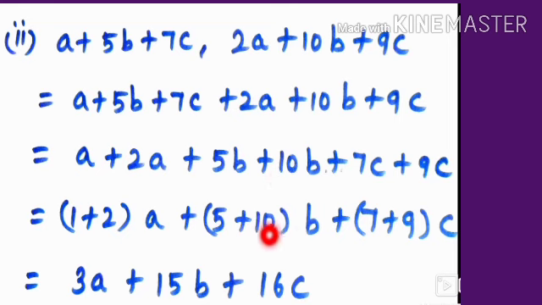That is 5 plus 10b, plus, here the coefficient of 7c is 7 and the coefficient of 9c is 9. As we add the coefficients alone, we get 1 plus 2 is 3a, 5 plus 10 is 15b, 7 plus 9 is 16c. So 3a plus 15b plus 16c is the answer.